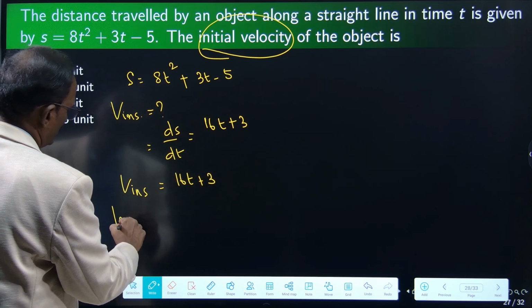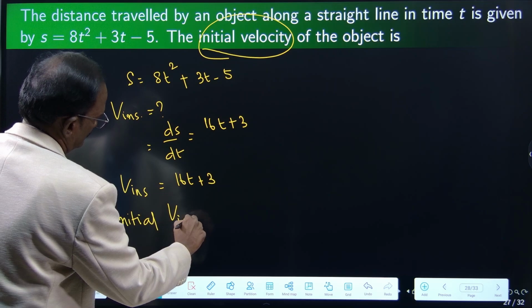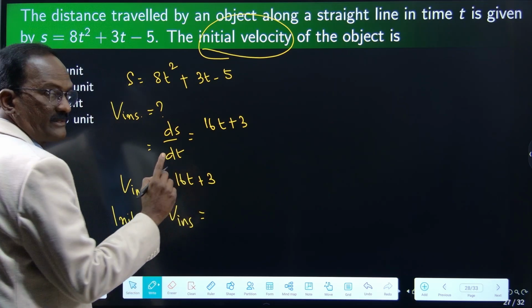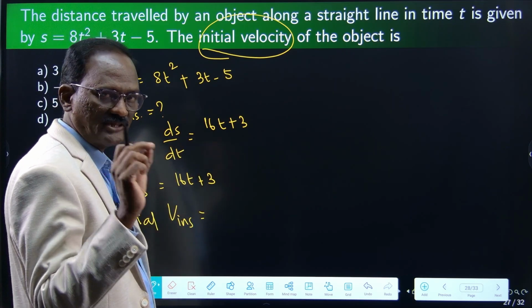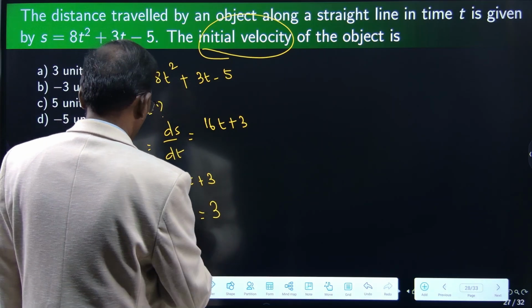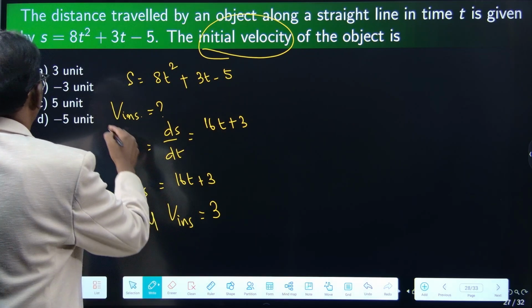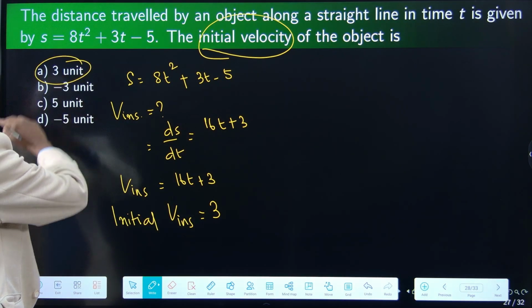So initial v instant is equal to, at time t is equal to 0. Initially time is 0, right? So 16 into 0, so 3 will be the answer. So meter per second, unit is given. 3, option A.